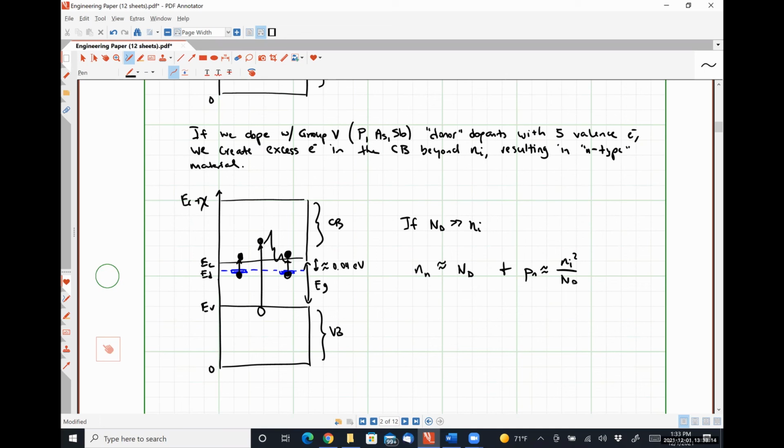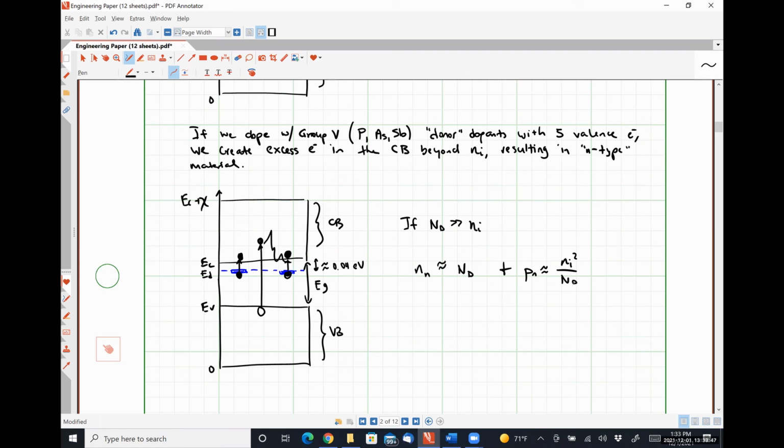That's a great question. And the short answer is it mostly doesn't. Okay. So what I mean by that is, even like I talked about earlier, even if we dope at the higher end, like 10 to the 18 dopant atoms, that means that we're at 10 to the 18 divided by 5 times 10 to the 22, which is like 0.00002, I think, or something like that.